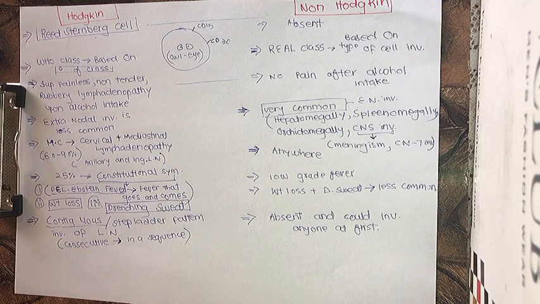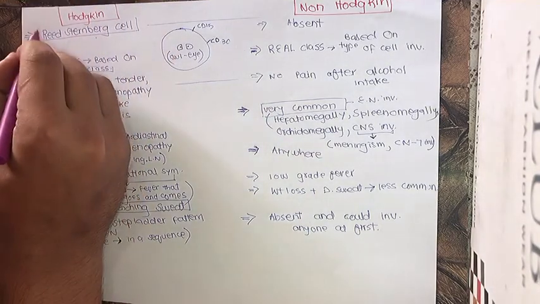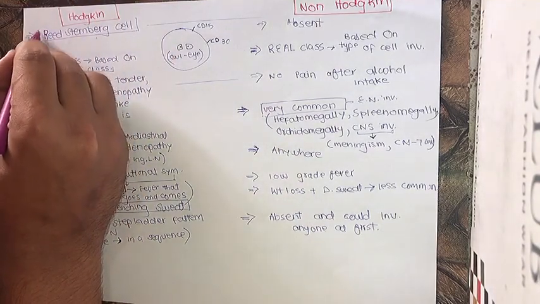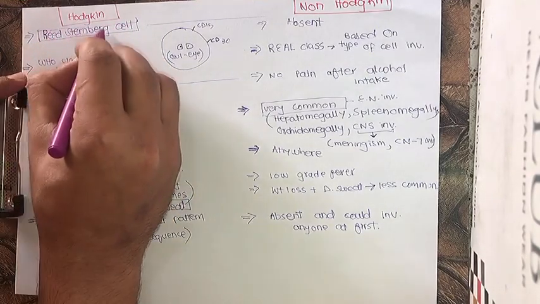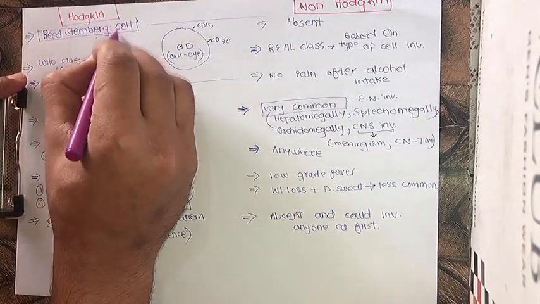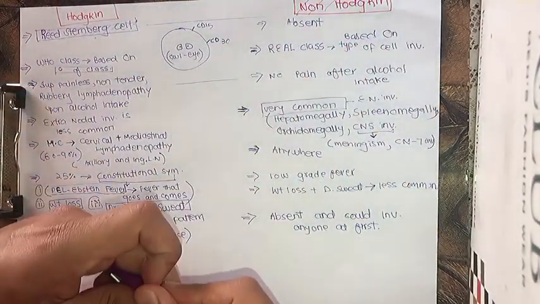So these were the differences between Hodgkin's and non-Hodgkin's lymphoma. All you have to remember is this characteristic feature, which is the Reed-Sternberg cell. It will be present in Hodgkin's lymphoma, whereas it's absent in non-Hodgkin's lymphoma.